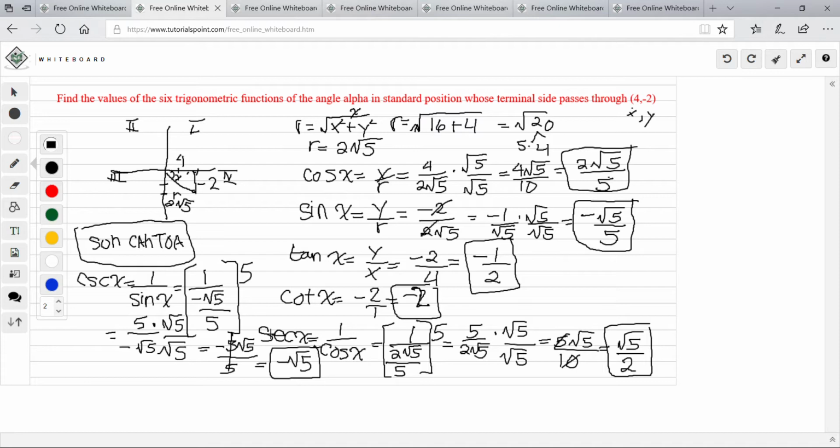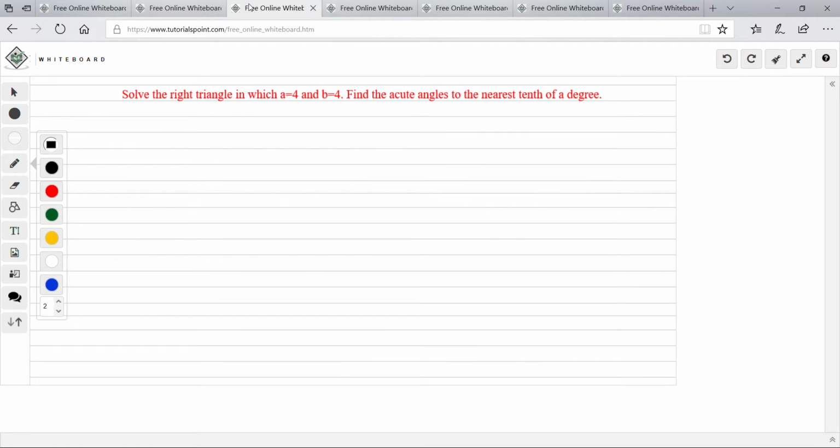Okay, so let's do another problem. It says solve the right triangle in which A equals 4 and B equals 6. Find the acute angles to the nearest tenth of a degree. So first step, I'm going to draw my triangle. Put it right here on the left.